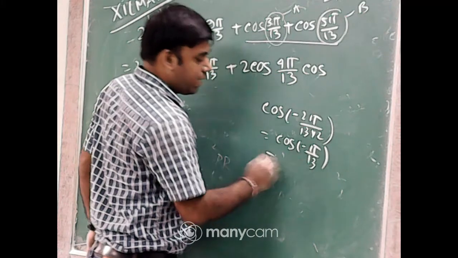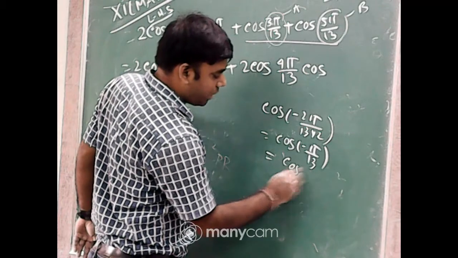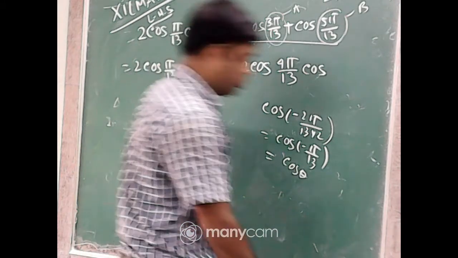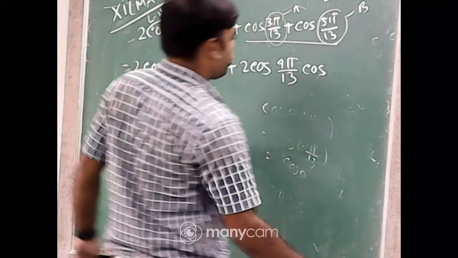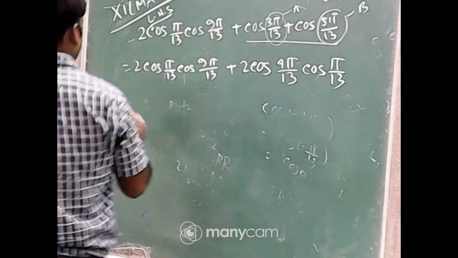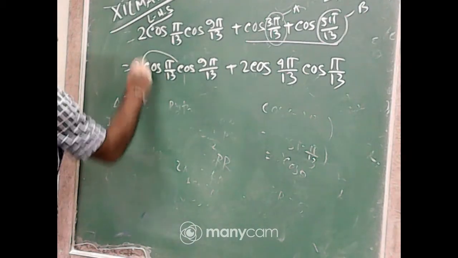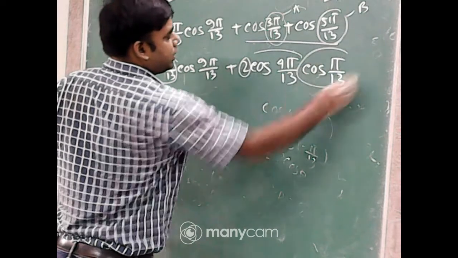You know that cos of minus theta equals cos theta, so that will be cos of pi by 13. So now 2 cos pi by 13 and 2 cos pi by 13, this is the common term.